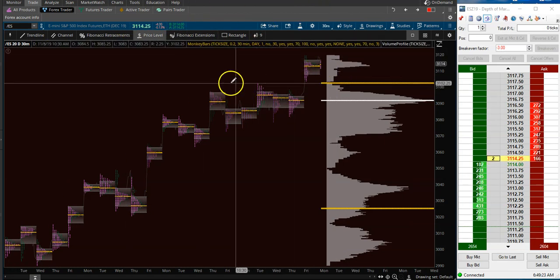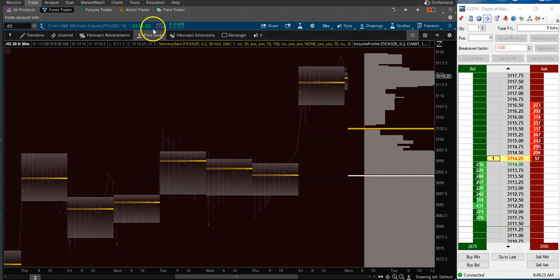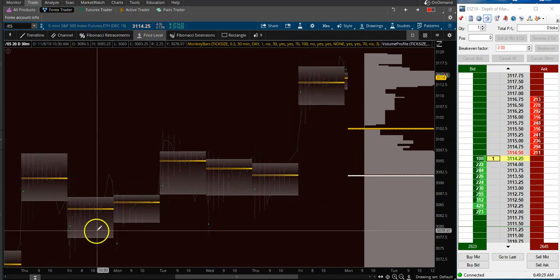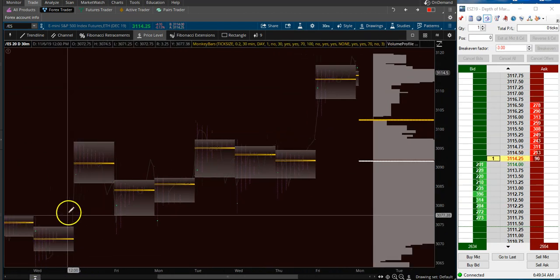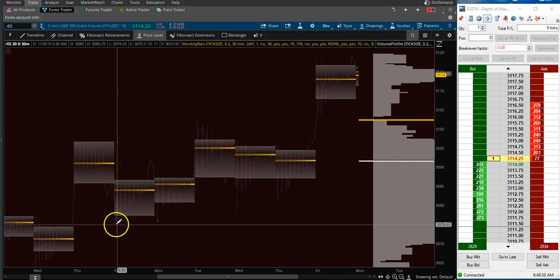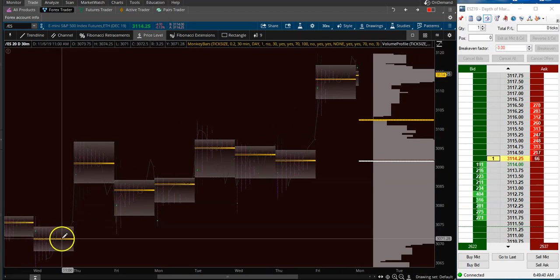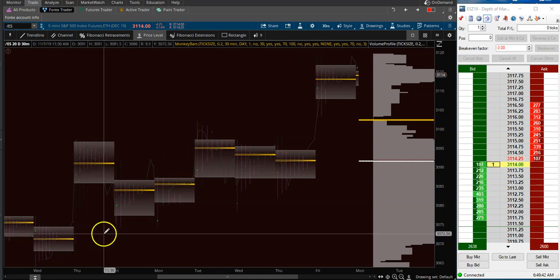But what I would do is if I was new and I had this chart, I would just start looking at what has not been touched. You could see this value area high right here has been touched, right, from this price action. Here, we've come close enough, so I won't put that.